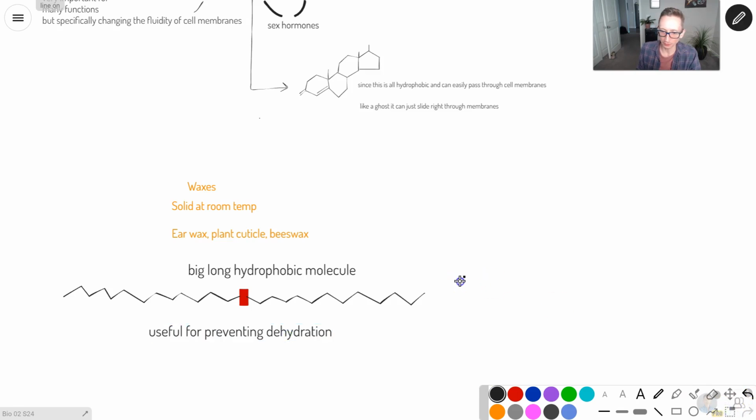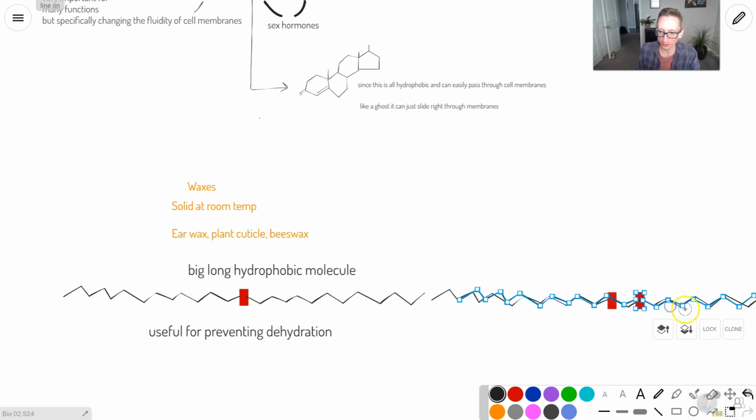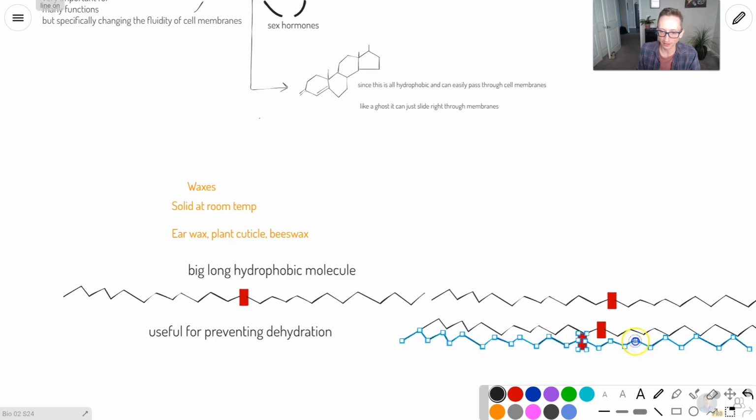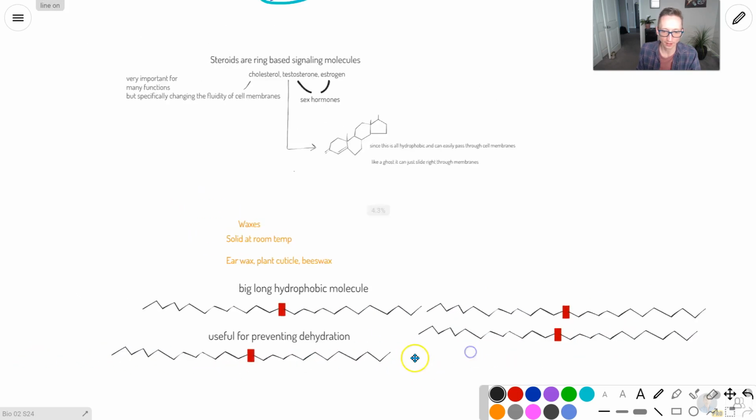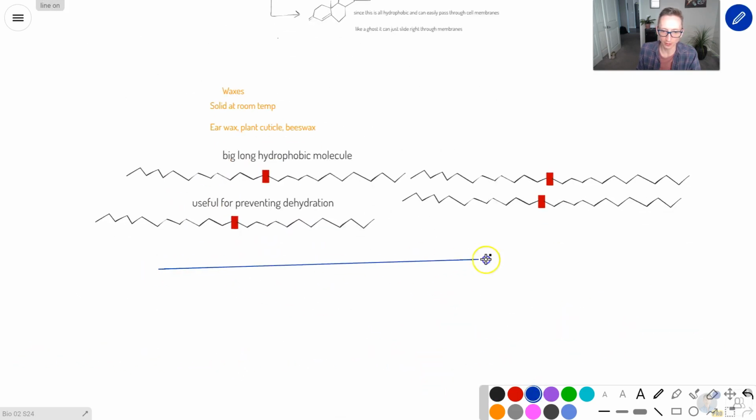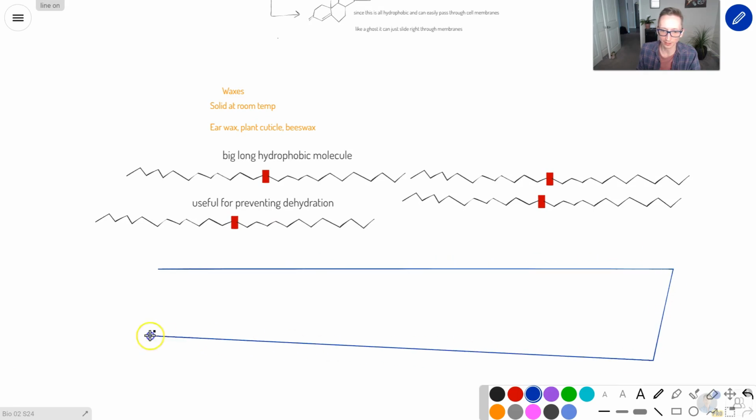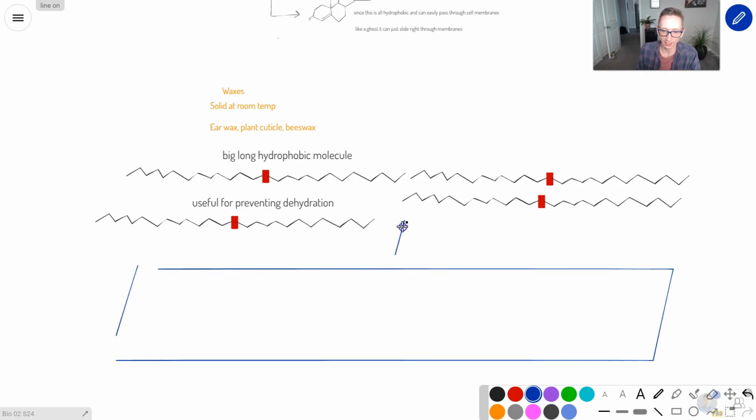So, on my lips, for example, I just put that Burt's Bees. So if my lips were down here, I basically make like a little wax blanket for it, to keep all my water in. So if this was all my water in my lips down here, it can't get up through this wax if it dries. It's going to be thwarted. Water won't be able to escape my lips.